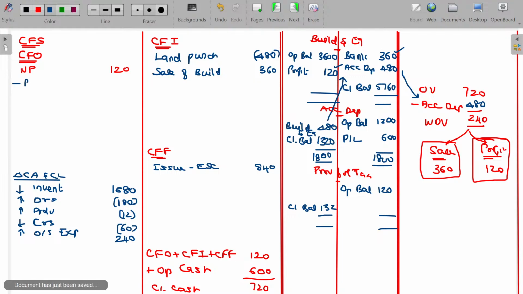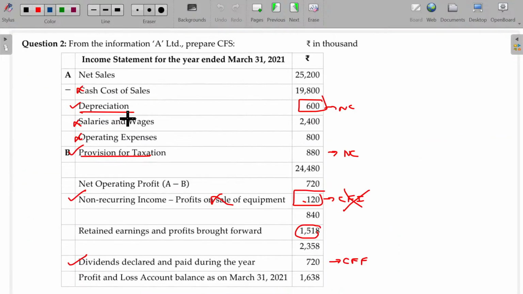So minus profit on sale. Profit on sale. Non-operating item. So I am removing this 120 rupees. You get 120 rupees additional profit only because of profit on sale, but selling your asset is not your intention or your operations. So I posted twice. Then this one is over.